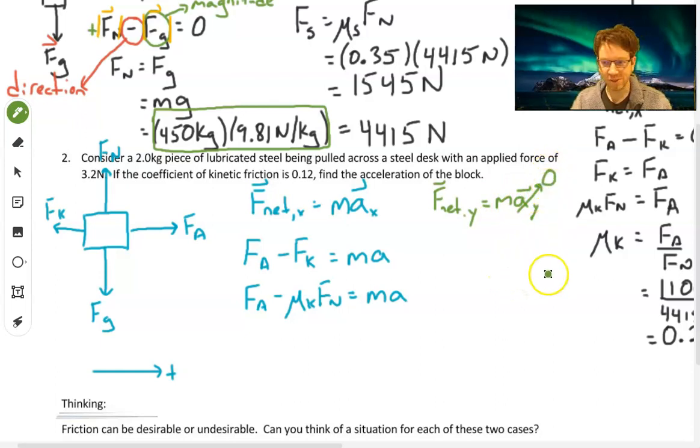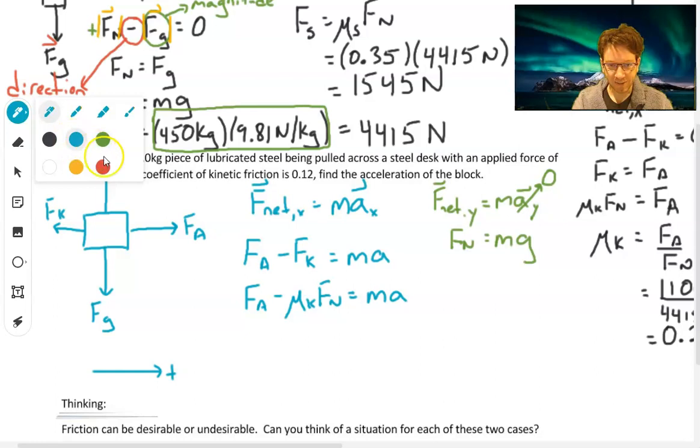It's just being pulled horizontally. So if that net force equals 0, I can do the exact same I did up here. Normal minus gravity equals 0, and therefore normal equals gravity. And therefore, since the normal force equals gravity, I can write the magnitude of the normal force is just mass times that gravitational field strength, 9.8.